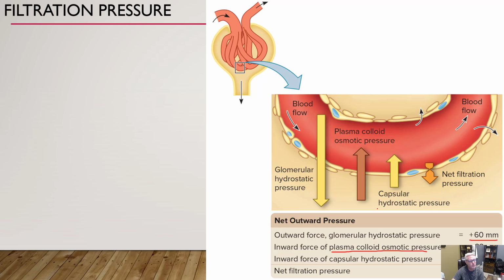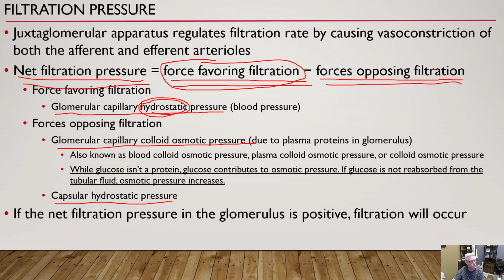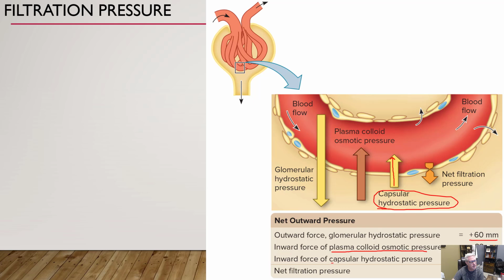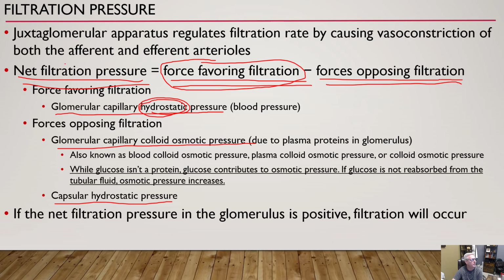So the hydrostatic pressure inside the Bowman's capsule, or Bowman's space, is going to be a force that pushes that fluid back inside the bloodstream. So that's going to be a negative pressure. Here we can see that negative pressure of negative 18. So when we add it up, we get positive 10. And because we have a positive 10, we're going to have filtration.